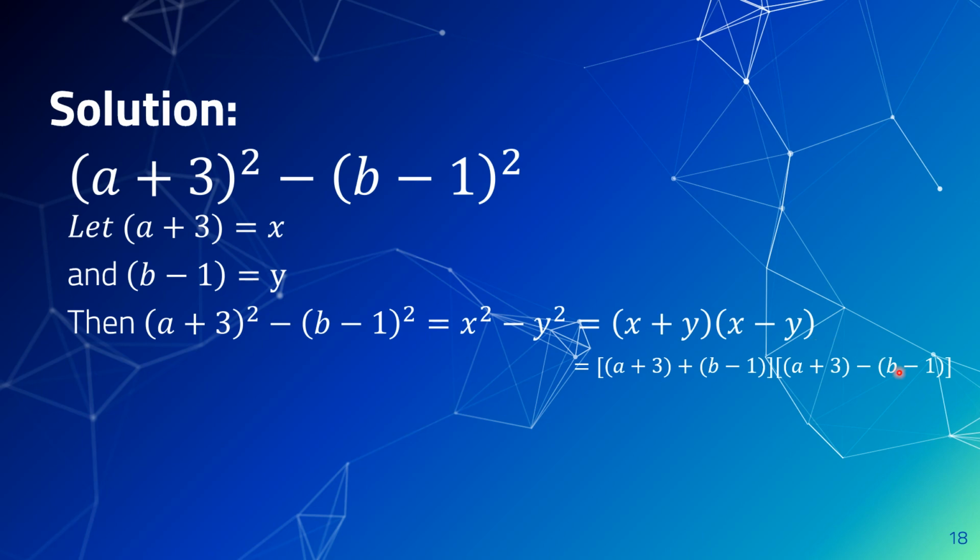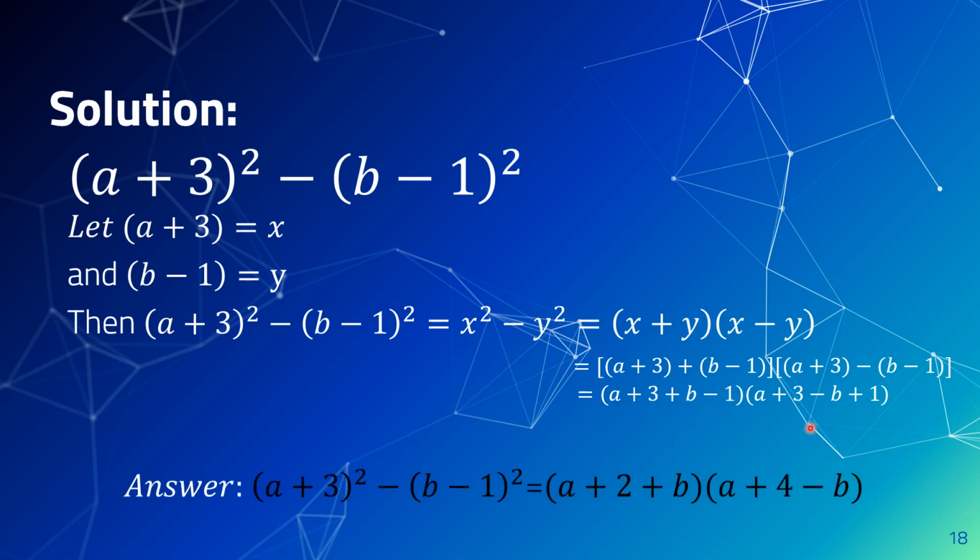Then simplify, or simply add or subtract terms, or combine terms that are common. Okay, so by removing the parentheses, we have here one group and this one is the other group. Therefore, by combining terms here that are common, that is 3 minus 1, that is equivalent to 2, then we have here 3 minus negative 1, or 3 plus 1, that is equivalent to 4.